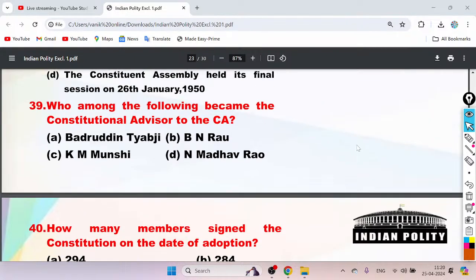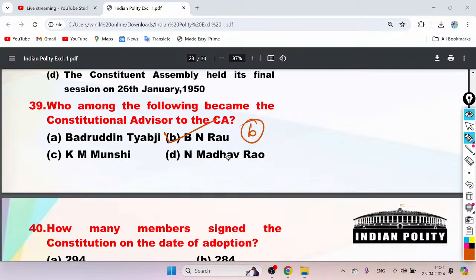Who among the following became the constitutional advisor to the Constituent Assembly? B. N. Rao. B. N. Rao was the constitutional advisor.